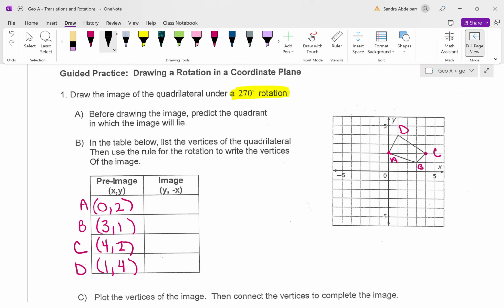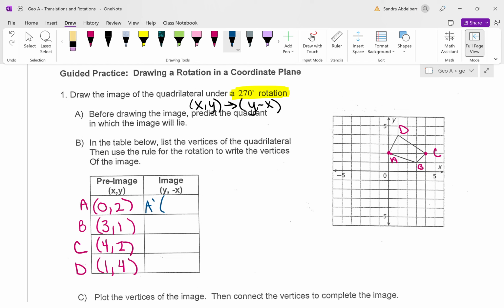Now the rule for a 270-degree rotation is xy yields y, negative x. So what I'm going to do is negate the x and switch x and y. So my A prime is going to be negate the x.